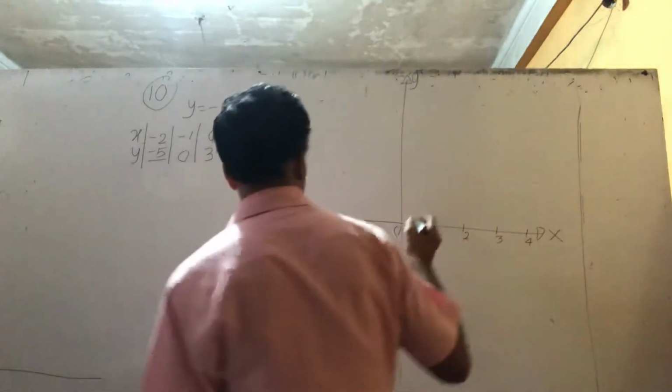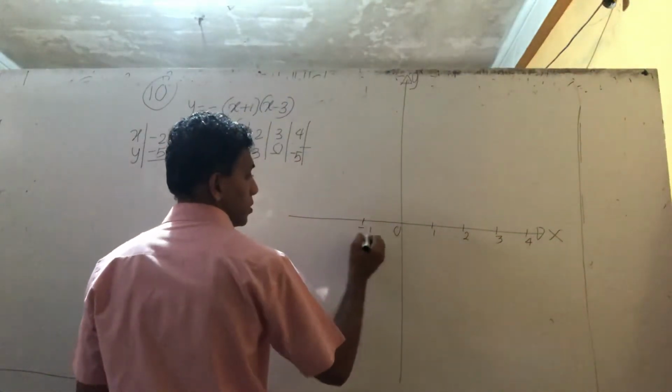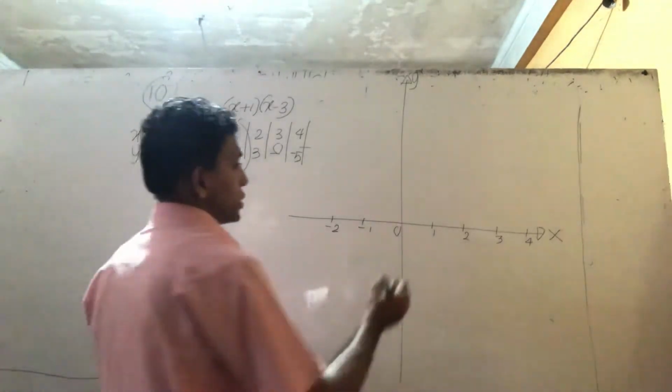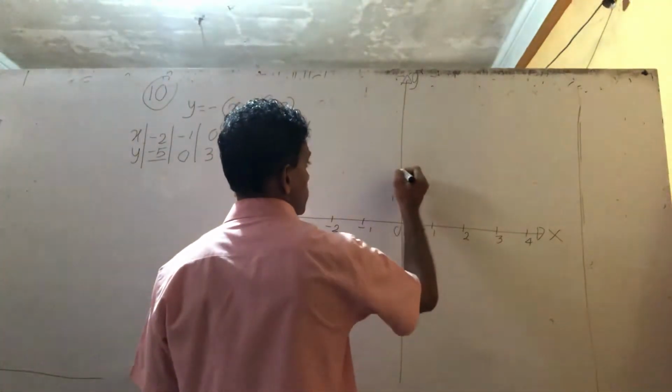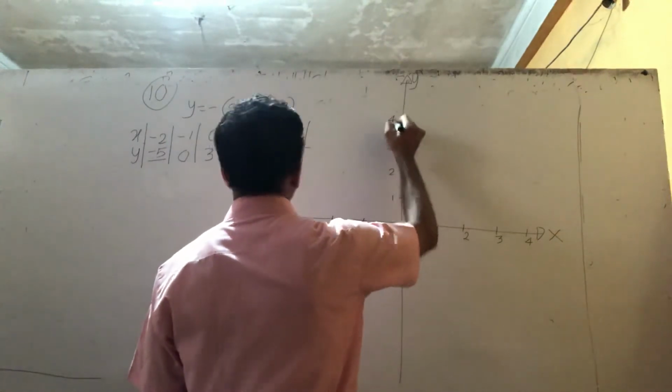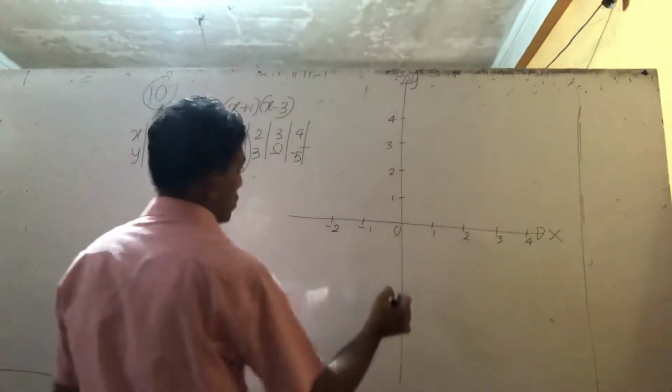X up to plus 4, negative side minus 2, positively up 4, below minus 5.